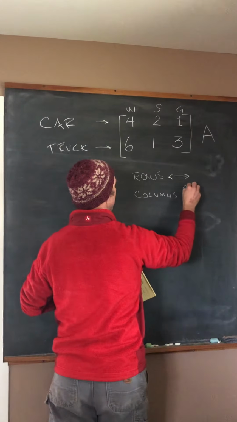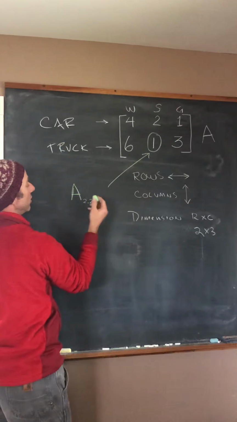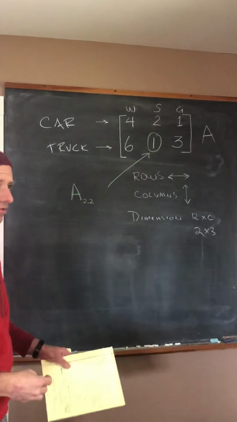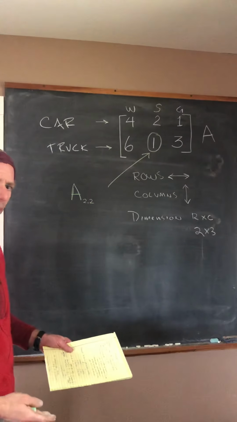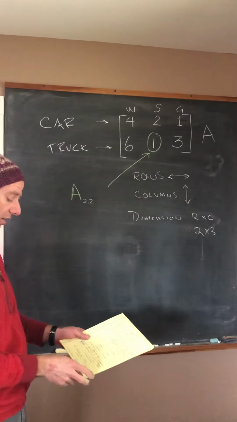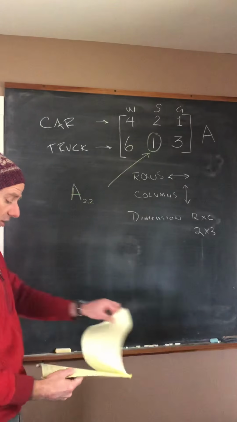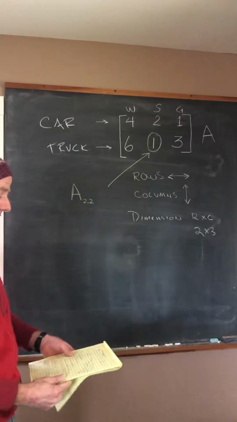And this is going to be 2 by 2, A2, comma, 2. A22 is that spot. And these are just little handy things we got to just kind of keep in our back pocket, some tools we're going to need to pull out as we go through this. Okay, so let's go see how we use these a little bit.